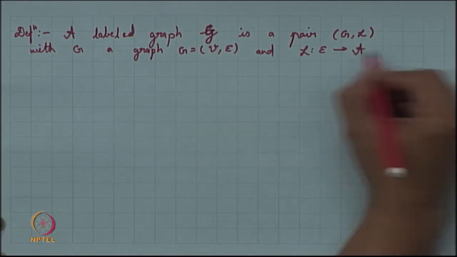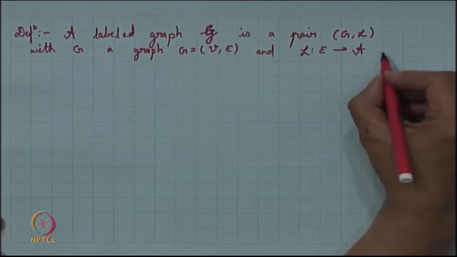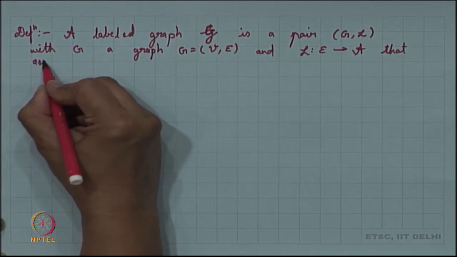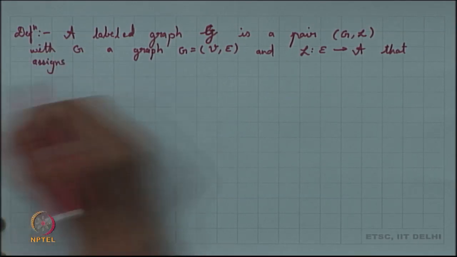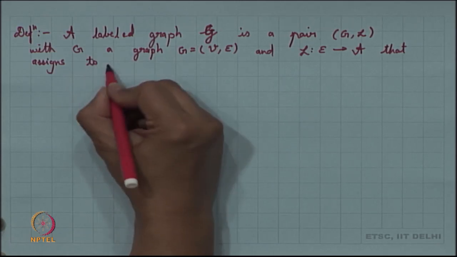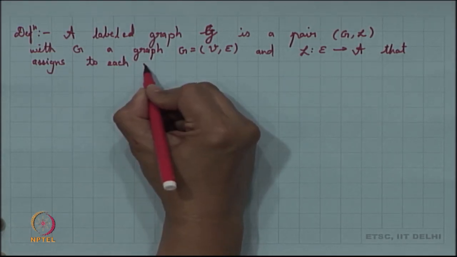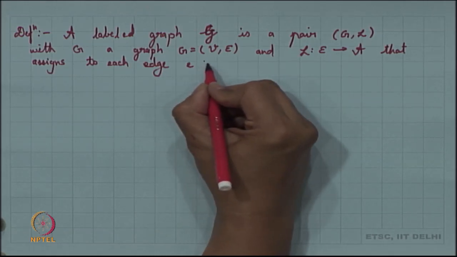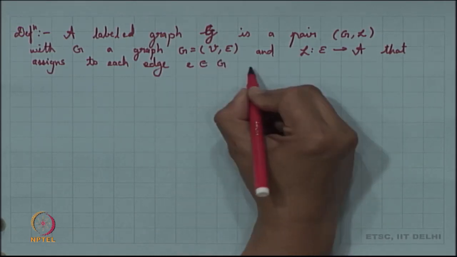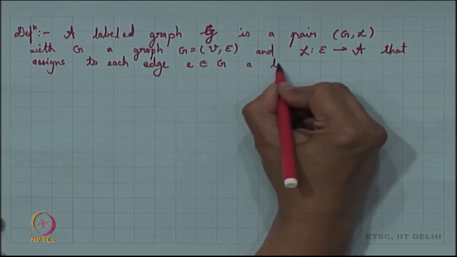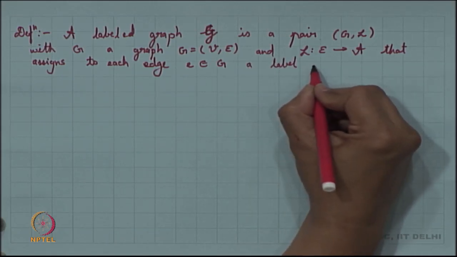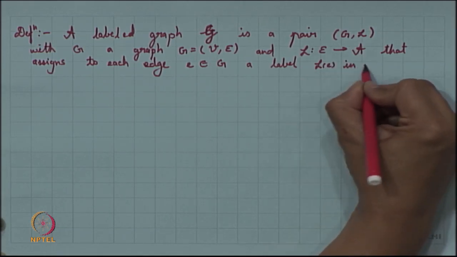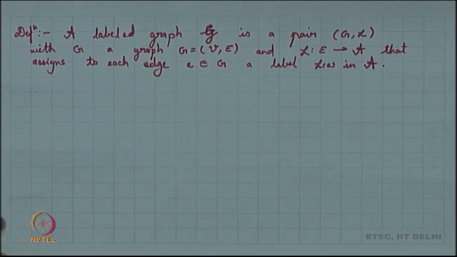So, this L is a function that assigns to each edge e in G a label, say we call it L(e), in A.